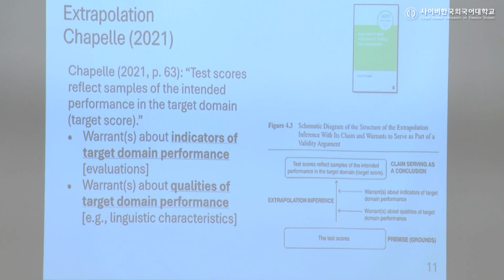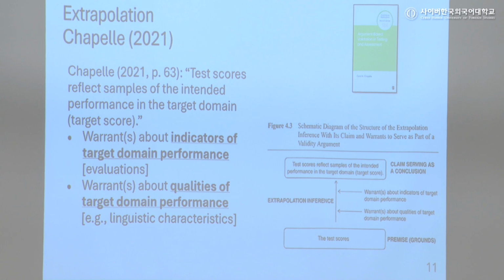I think of these as more general evaluations of how people do in the real world, and then also qualities of target domain performance. For us in language, it's easiest to think of this as linguistic characteristics, okay? And I'll be highlighting many examples shortly of what kind of linguistic characteristics we might be interested in.